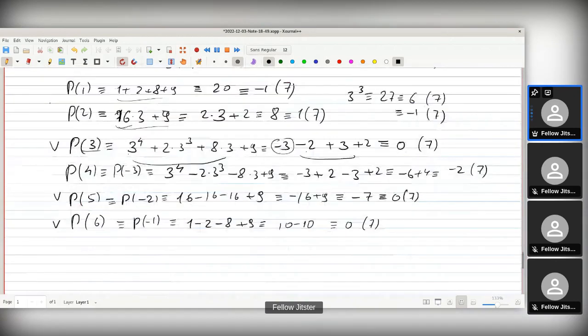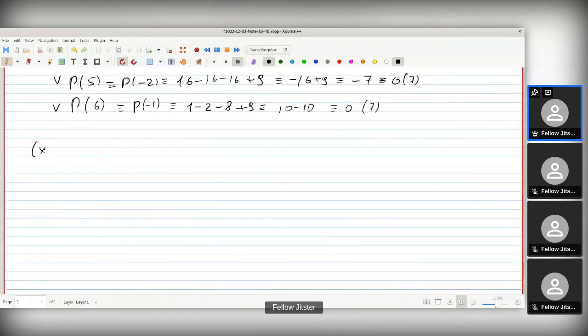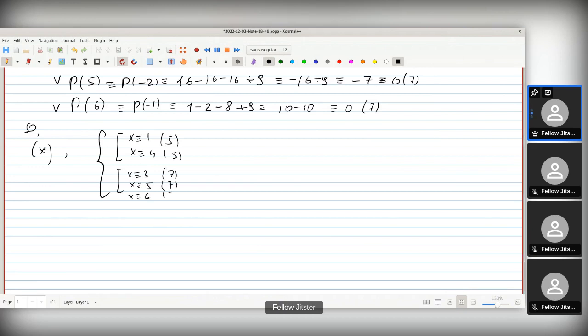We see that our original problem is equivalent to the following. X is either 1 or 4 modulo 5, and x is 3 or 5 or 6 modulo 7. Do you agree?